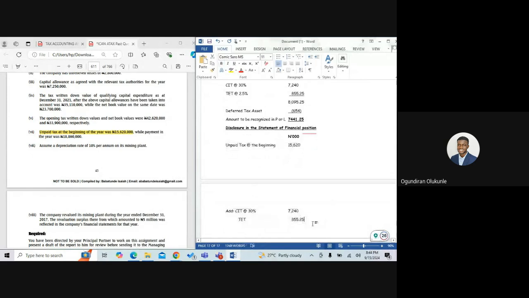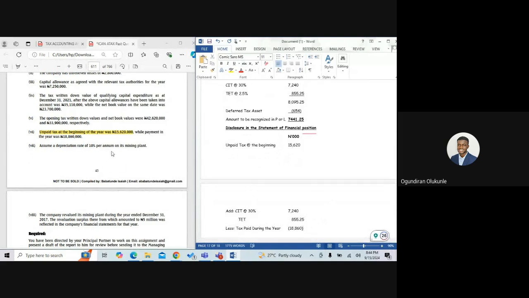Then less tax paid during the year. How much is the tax paid during the year? In that same note 6, they said payment was 18,860. 18,860, right?